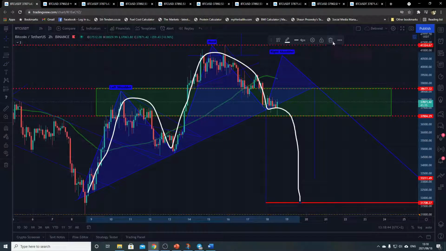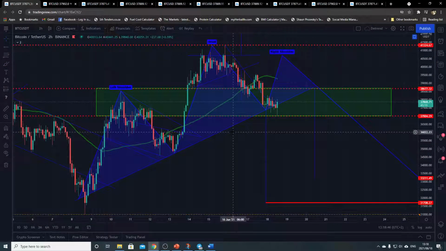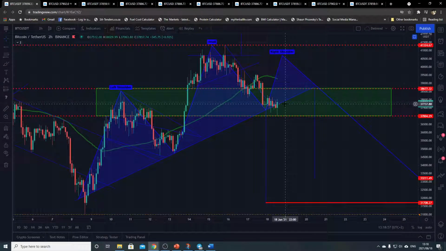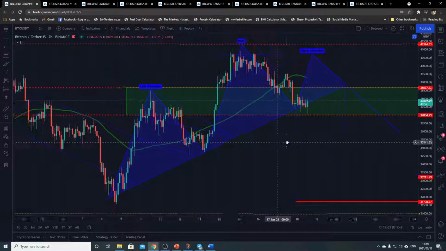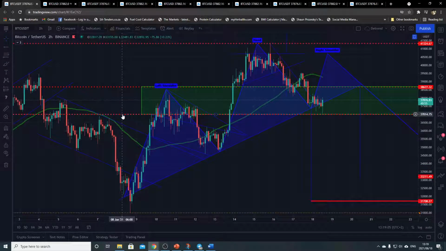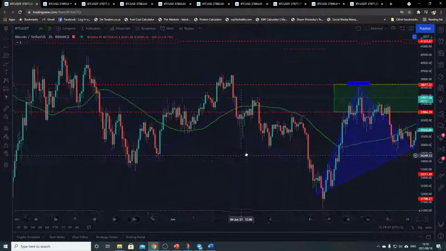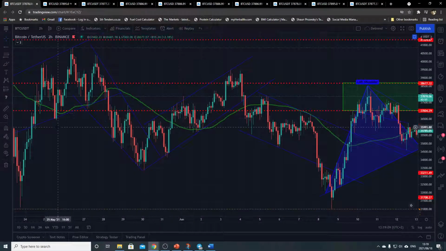At the moment, the price action is bouncing up and down, consolidating in this area, up and down, up and down. And by the way, this is a 2-hour chart. You can see I've got a horizontal line here of support and resistance, which follows all the way through.